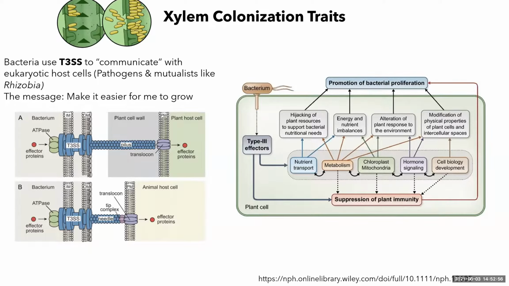One really cool type of effector actually translocates into the nucleus of plant cells, and they have domains in them that mimic transcription factors of eukaryotic cells. So they're able to bind to the DNA of a eukaryote, and they have a specific region.